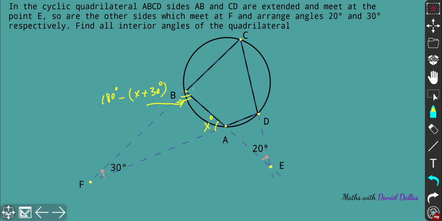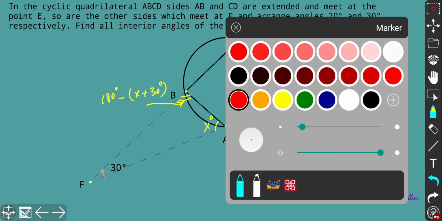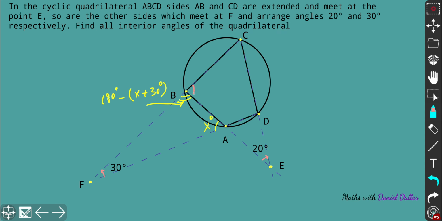If we go inside, and I mark this angle as the red one or pink, this angle is simply 180 minus angle B from that side that we recently did. So angle B, the interior angle B, I mark as B, is simply 180 minus the exterior angle, because it's adjacent to angle B. So that's why it's 180 minus angle B as exterior.